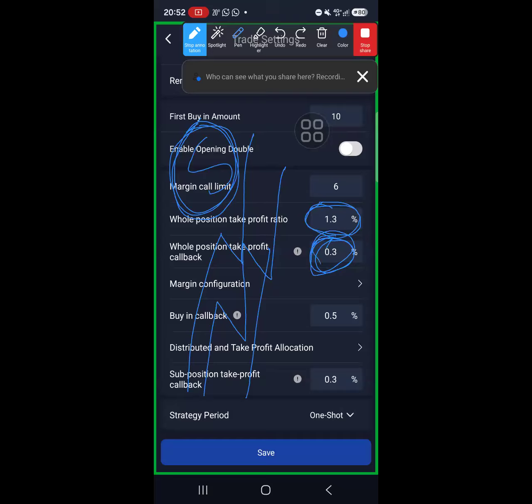So if you put a 0 here, it means if the price rises by 5%, the robot will only give you your 1.3. You are going to miss the excess. Okay? You should understand why we put a callback here, a callback percentage.